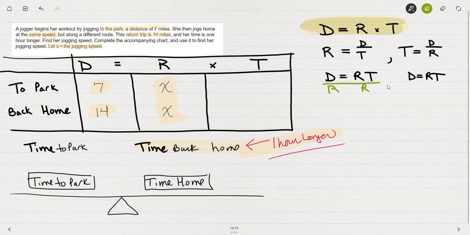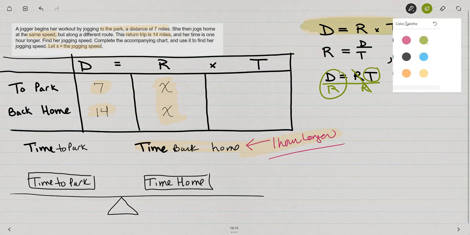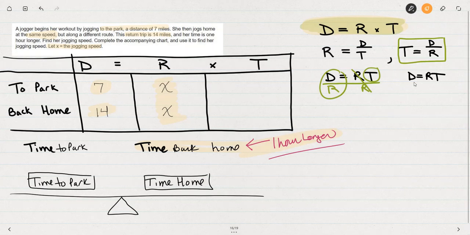So if I divide by rate, I get that time is distance over rate. And I could do the same thing to solve for rate. If we have distance equals rate times time, and I divide both sides by the time, then I get that the rate is distance divided by t.